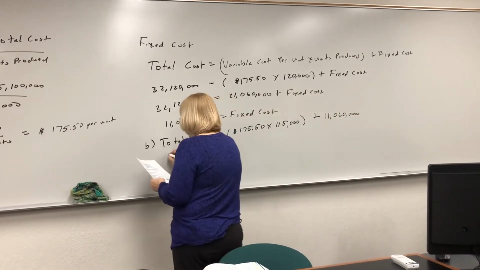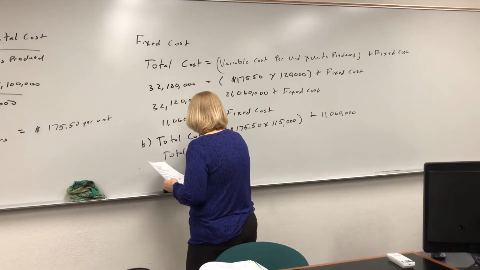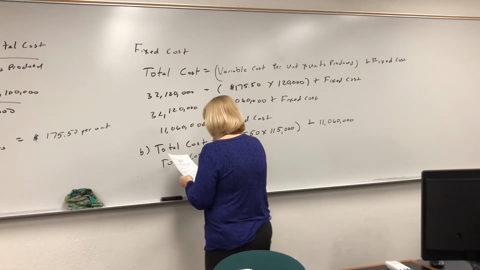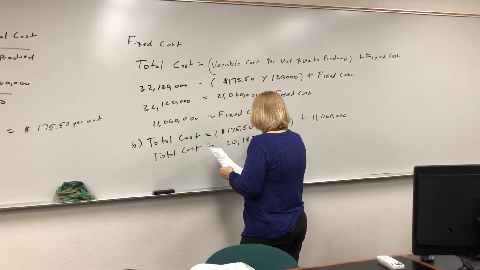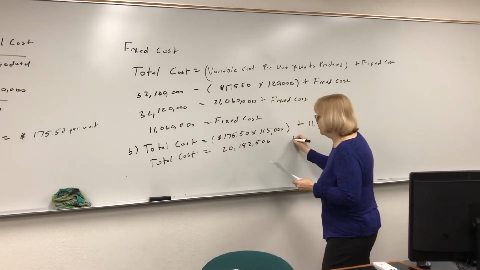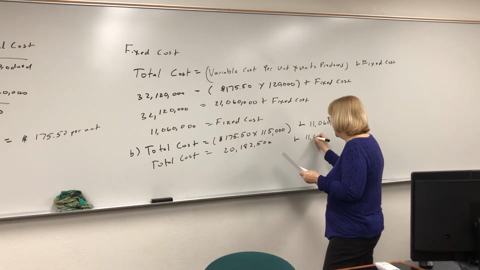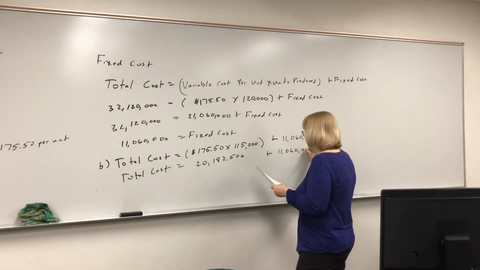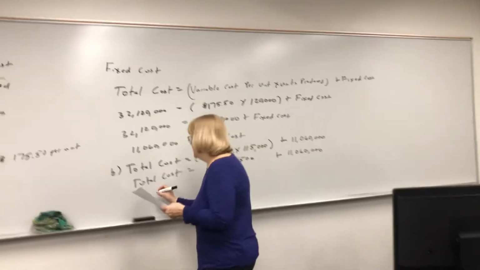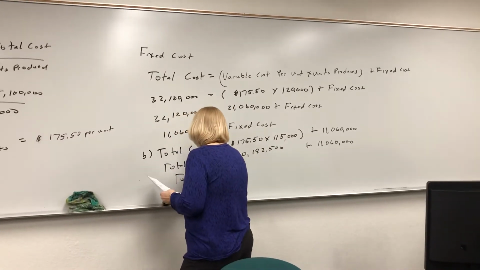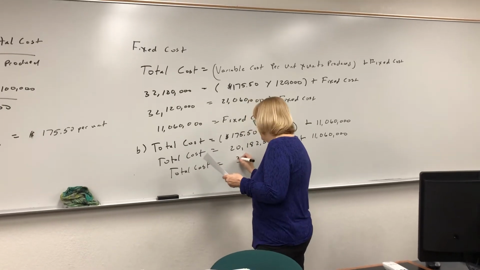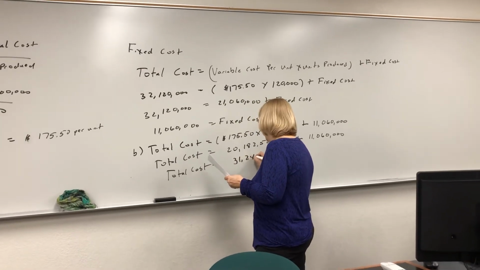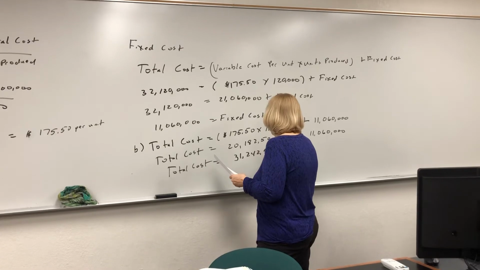So we have total cost equals 20,182,500 for our variable portion, plus 11,060,000 for our fixed portion. So our total estimated cost for 115,000 units would be $31,242,500.